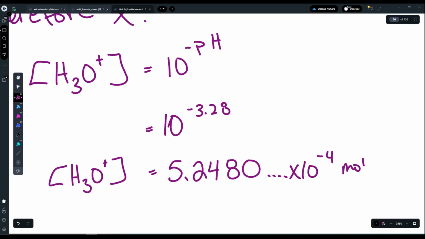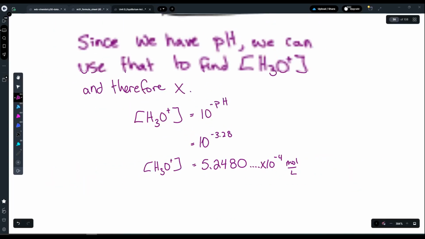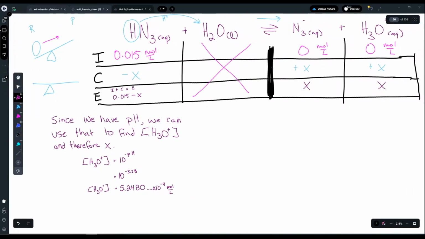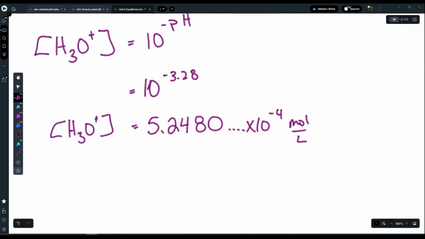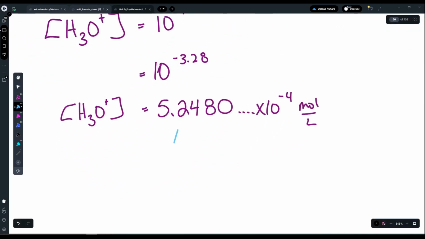So this is in moles per liter. Okay, so now that we have the concentration of hydronium, remember that the concentration of hydronium represents x.